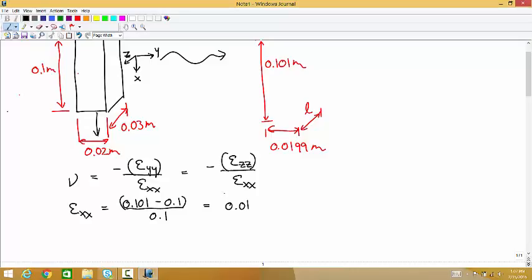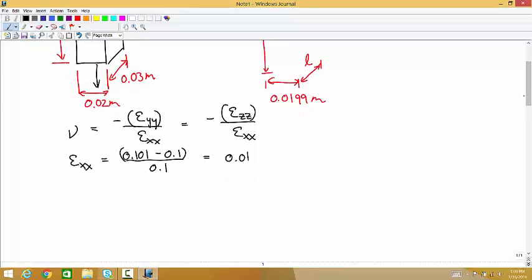That's a really big strain. We're not going to deal with strains like that really in actual calculations, or if we do, our results are not going to be very accurate. They're going to be drastically inaccurate, in fact. They're going to be worthless. Strain YY is equal to 0.0199 minus 0.02 divided by 0.02. What do you get for that one?